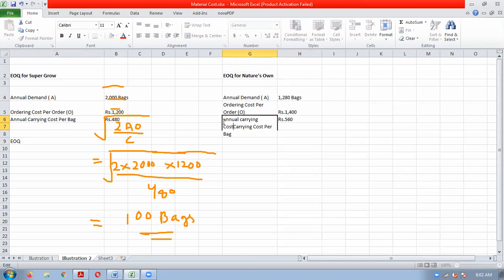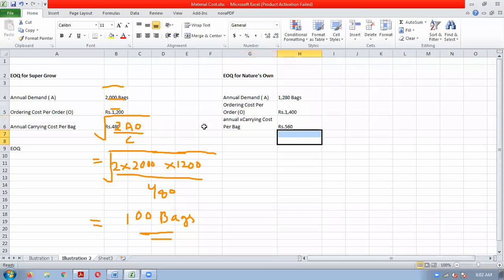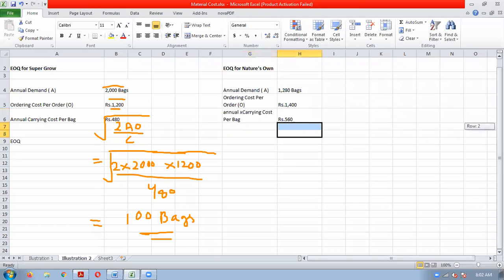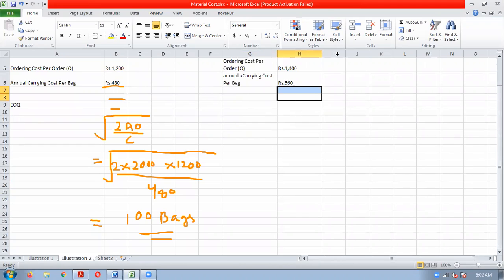All these things we got from the illustration only. Number of bags, annual demand, ordering cost, carrying cost. Now apply the formula and you will get the answer. Same formula only we will have to apply.